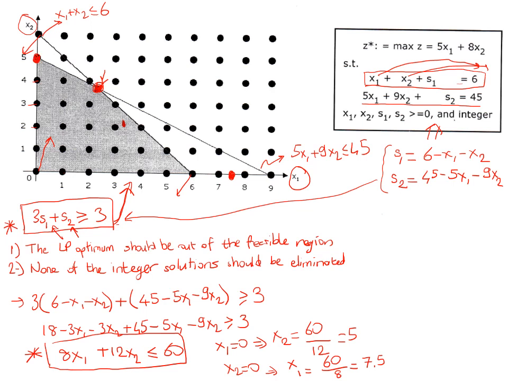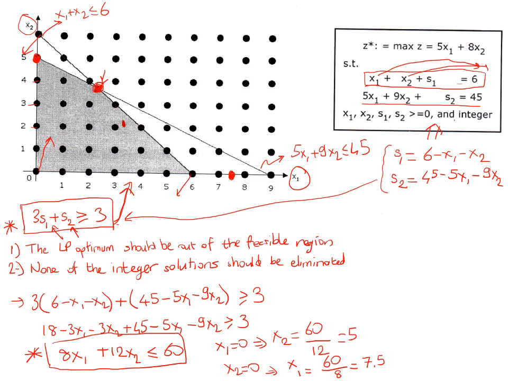So I will try to sketch this one. Hopefully I can sketch it in a correct way. Okay, sorry, I will try again. It is difficult to sketch with this one.